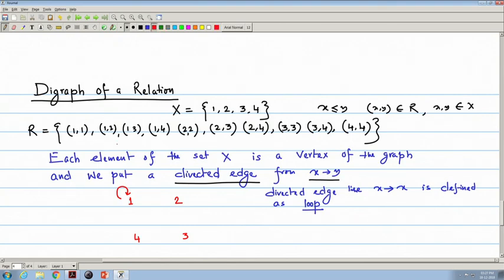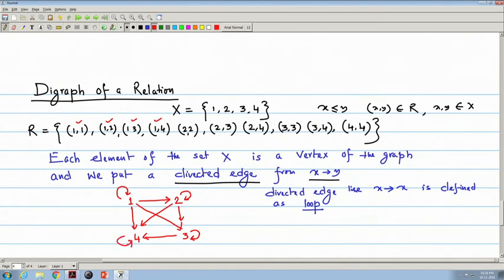Then (1,2): one directed edge from 1 to 2, then (1,3), then (1,4). Now (2,2) is again a loop, then (2,3), (2,4), then (3,3) again a loop, (3,4) and then (4,4).